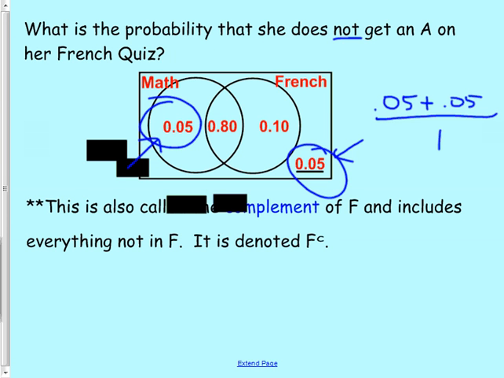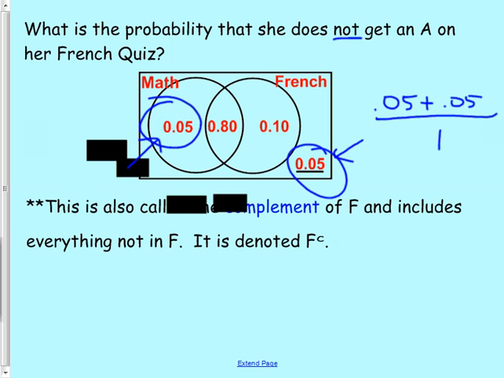How could that change? I divide by something else, like what? How could this add up to something other than 1? If I said, given I know she got an A on her French test, does that change things? What does it change? At the bottom.